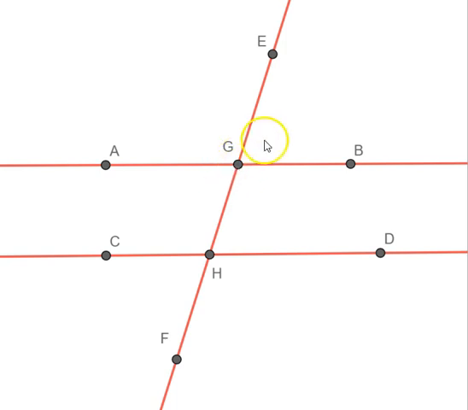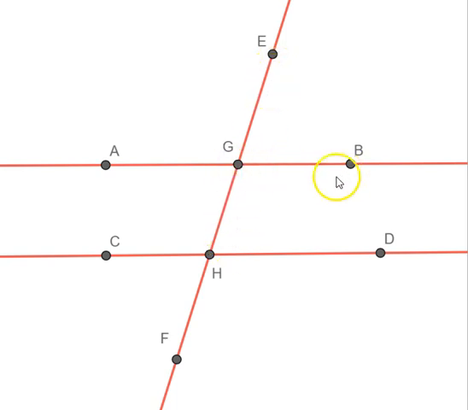Because they are vertically opposite angles. Now to this equality, we add to both the sides angle HGB. The equality becomes angle AGH plus HGB is equal to BGE plus HGB.